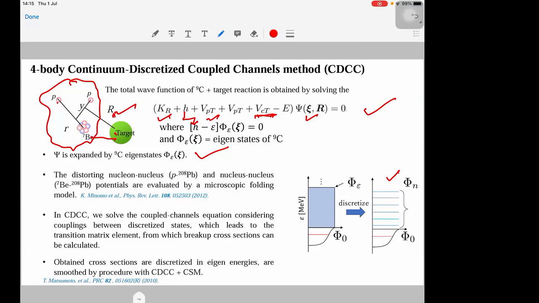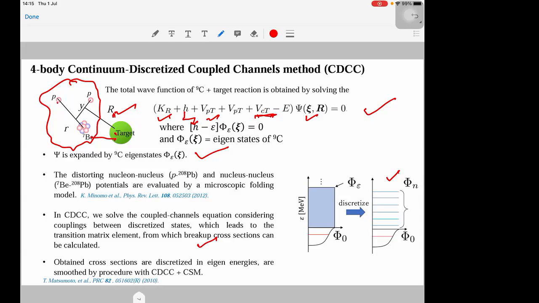In CDCC, we solve the coupled-channel equation considering the coupling between discretized states, which leads to the transition matrix elements from which the breakup cross sections can be calculated.